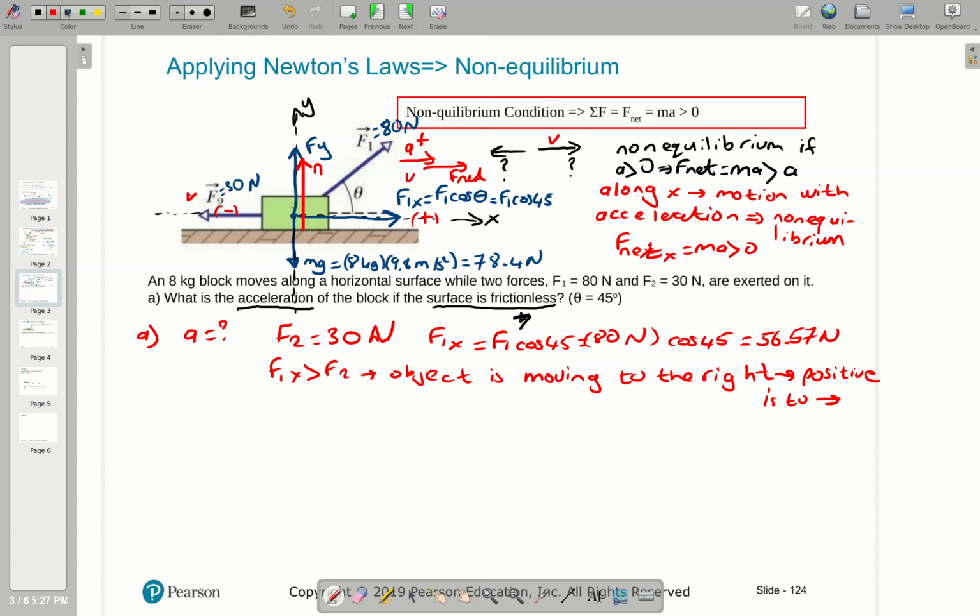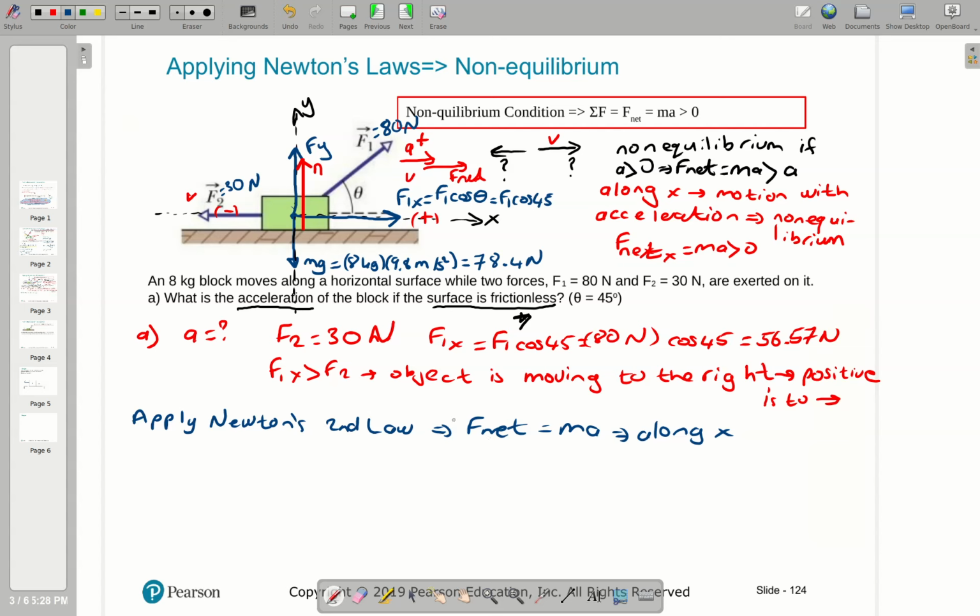And I apply Newton's second law. Fnet is equal to ma. Notice I'm applying this along x. I'm not calling it ax, but it's along x. I'm dropping that ax, bx idea, and the ax, ay idea here as well.